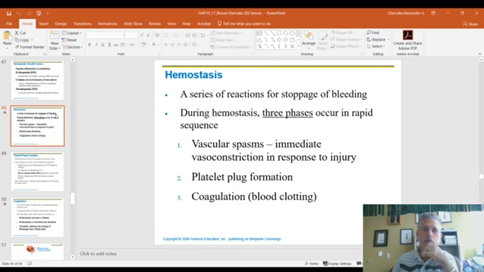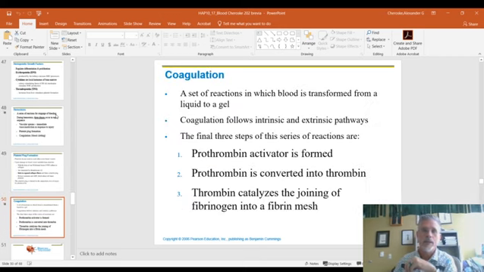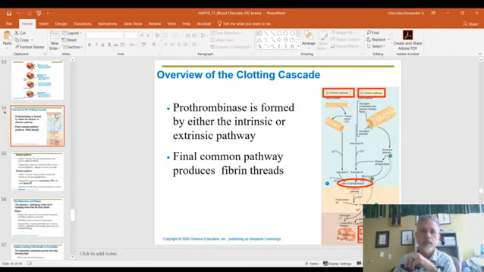Maintaining the blood inside of you. It starts with vascular spasms for a larger blood vessel, platelet plug formation, and then coagulation. Those are the three basic steps where the blood vessel is trying to decrease the amount of blood that's being lost.